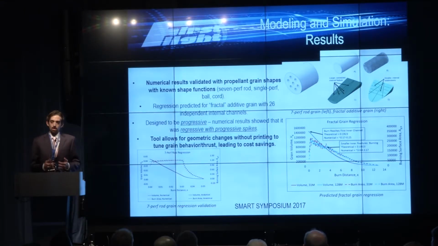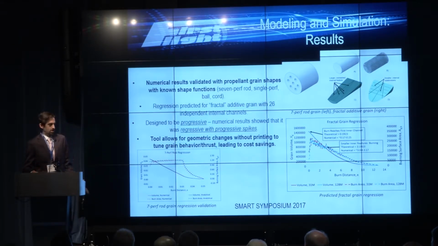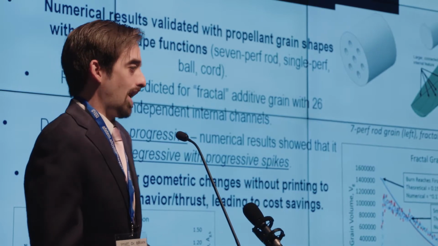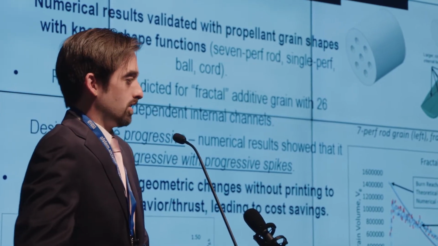They designed this grain with the hope that as it burned, it would continue to open up surface area and become a progressive design. So you'd have small channels, a large interconnected feature, and some smaller divisions that they hoped would open up and progress, have the burning surface area increase, and then allow us to have more gas generation.